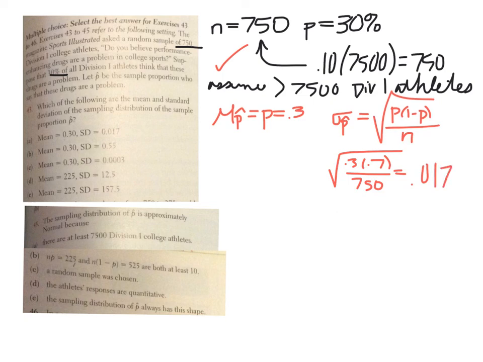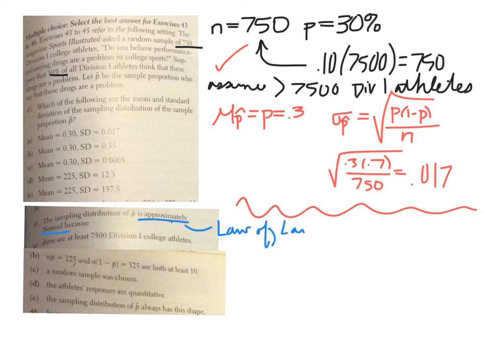Now let's use that to help us with number 45. The sampling distribution of p hat is approximately normal because, okay, so we didn't actually have to use this, it's just a separate question. Approximately normal. The only way I can prove something is approximately normal is if it meets the large counts condition.